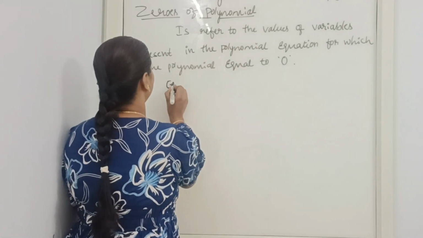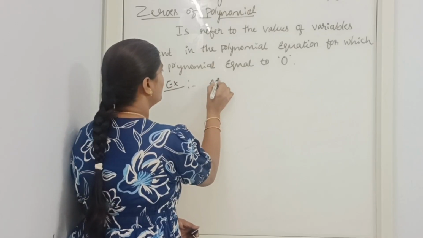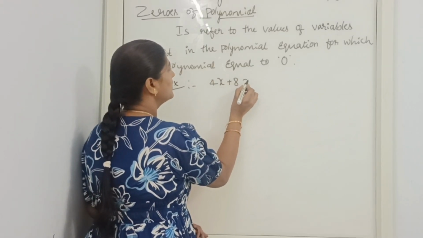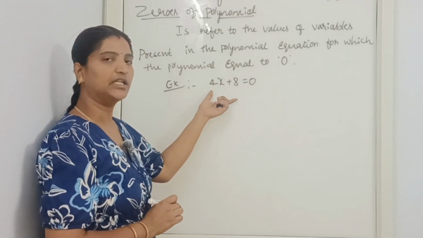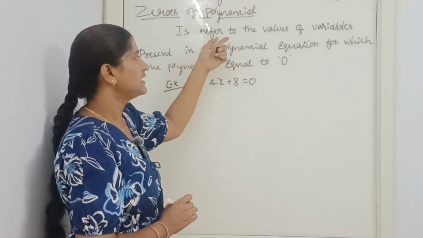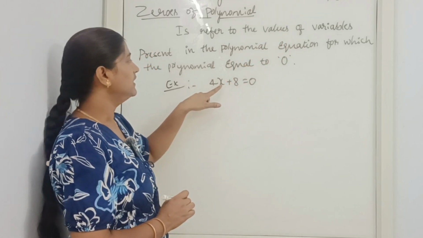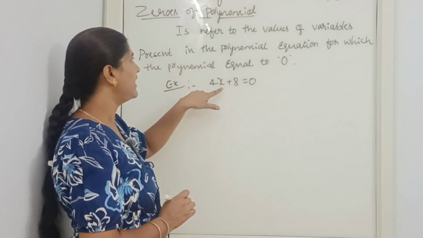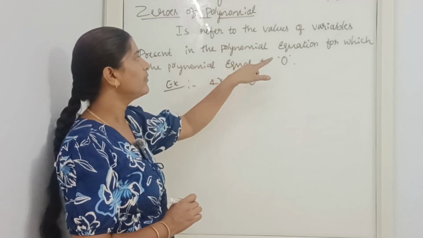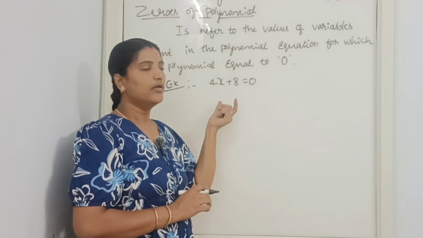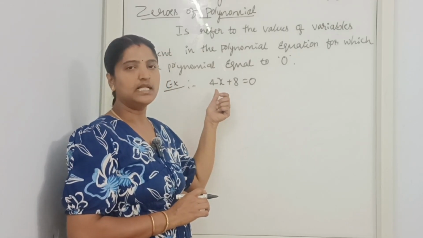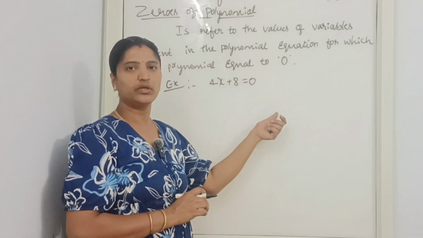For example, 4x plus 8 is equal to 0. Here the polynomial equation is there. It refers to the value of the variable for which the polynomial equals 0. That means for what value of this variable this equation will be equal to 0.